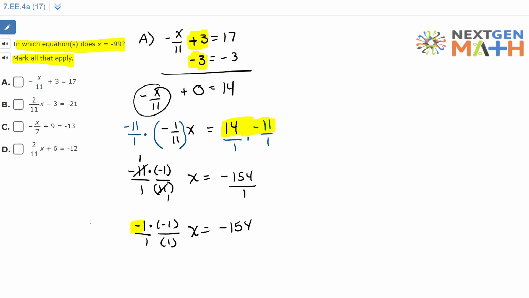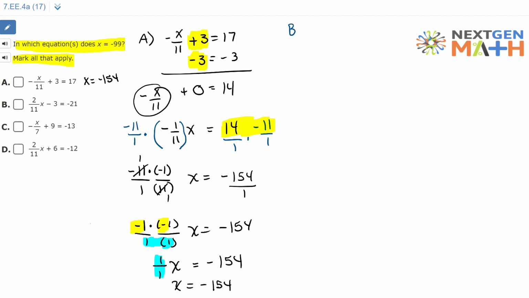A negative times a negative is a positive, so that'll be a positive 1 over 1 times 1, which is 1. So 1 over 1x equals negative 154, and this is the same thing as 1x, so our answer is x equals negative 154. So A, x equals negative 154.